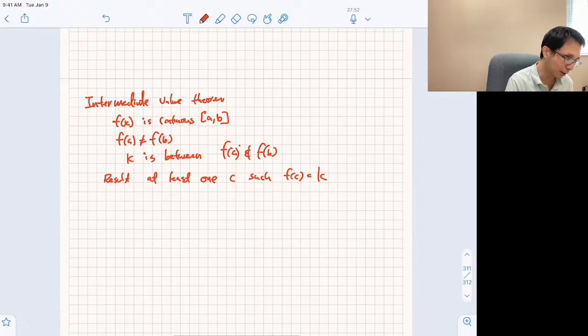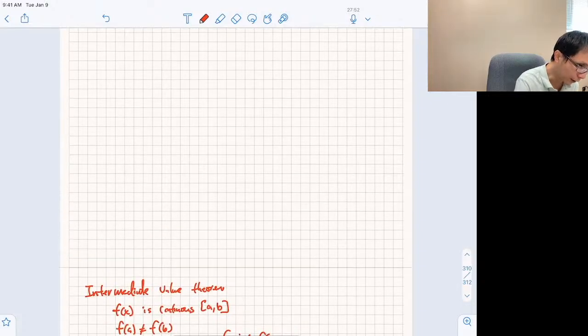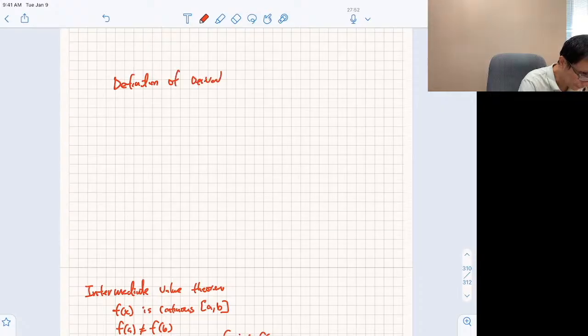They will ask you something like the definition of derivative. Does anybody know the definition of derivative? f of x plus h minus f of x over h.